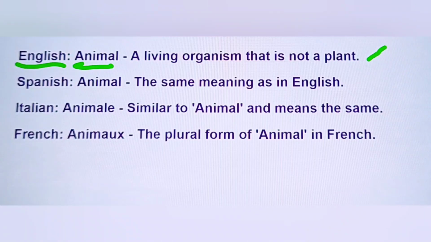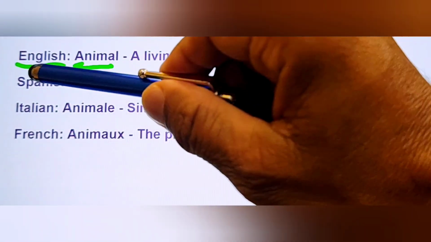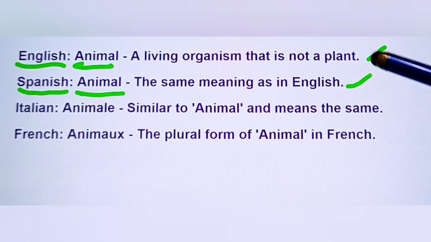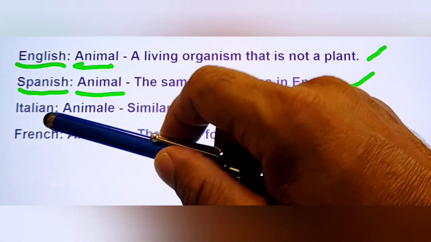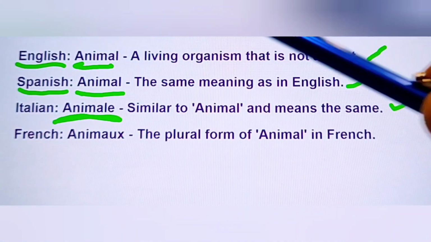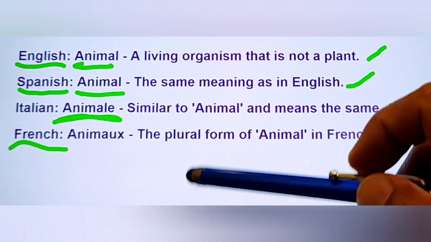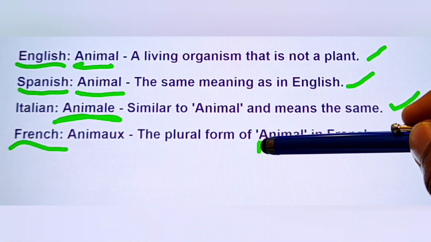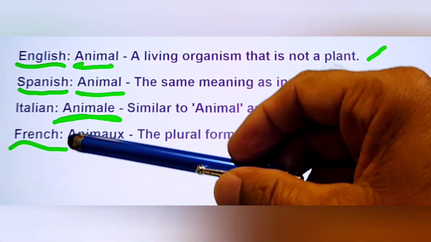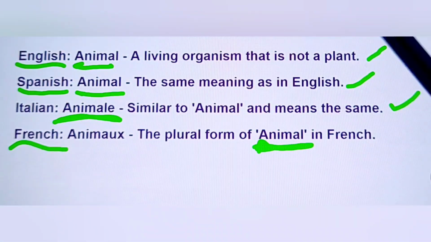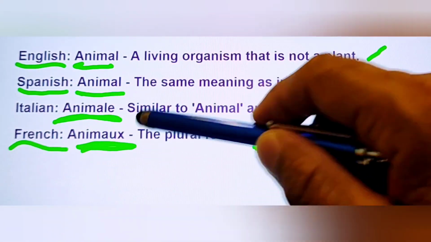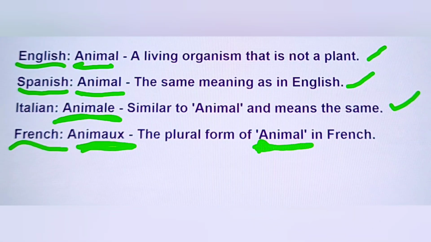In Spanish, we see animal, the same meaning as in English. In Italian, animale, similar and meaning the same. And in French, animaux, the plural form of animal in French. These have almost the same pronunciation and meaning, so you can remember these words easily by cognates.